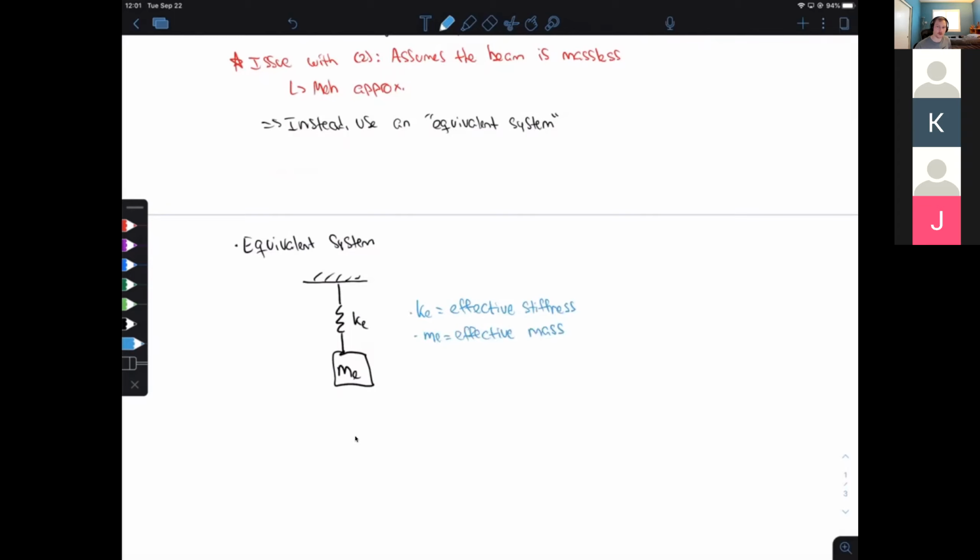Now that we have this system, it's more familiar to us, where we can calculate the natural frequency using some stiffness k sub e and some mass m sub e. So m sub e is going to be the mass of our beam, and k sub e will be the stiffness of our beam. Okay, so from this equivalent system, we're going to use Rayleigh's energy method.